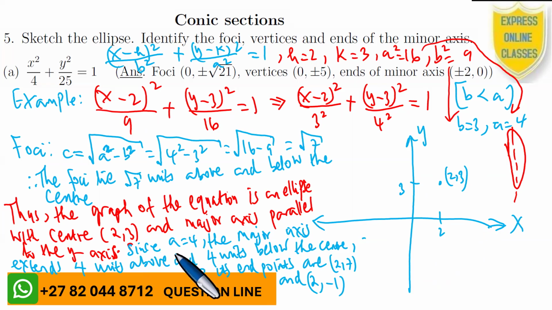If the center is 2, 3, and since A is 4, the major axis extends 4 units above and 4 units below the center. So 4 units above: you go up, you add to the Y. Y is 3, so you add 4 units. The X is the same, 2, and Y is going to be 7.